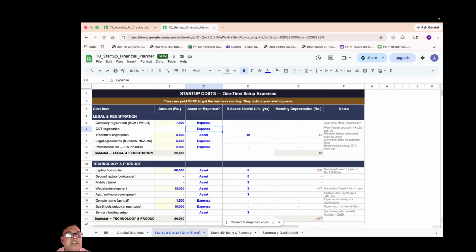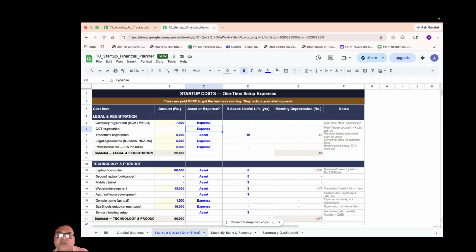Next one is the trademark registration. It's very important. Sometimes you must have seen various logos of companies or startups with TM mentioned, trademark, which means that the logo is not yet registered. It's under process, but nobody else can actually claim it. It takes some 4 to 5 months sometimes, and there's a nominal fee that goes, 5,000 rupees, right?